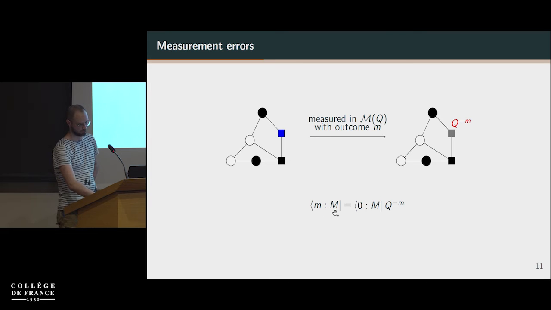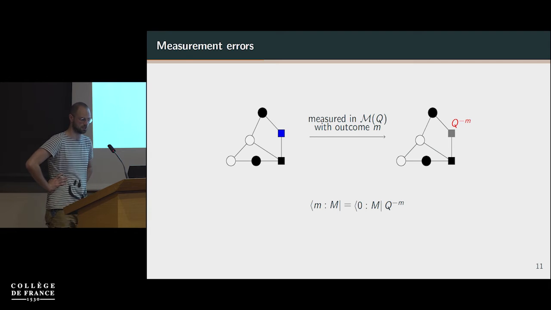And as I said before, the eigenvectors of M are translated between by action of Q. And what this means is that when I perform this measurement with outcome m, I can view this as if I had obtained the outcome 0 here, but with my operator Q acting before the measurement is made. And so if I can get rid of this error Q on my graph state, then I will have succeeded in obtaining my deterministic computation.